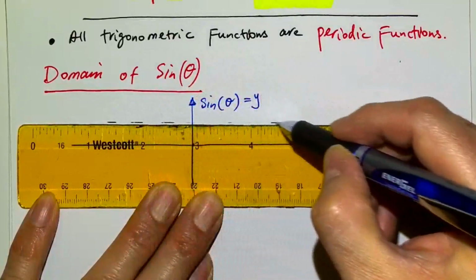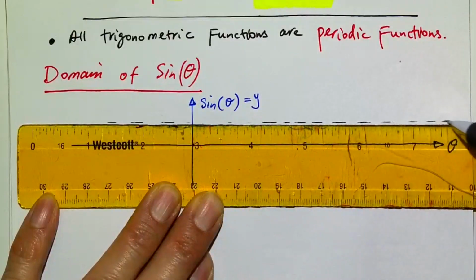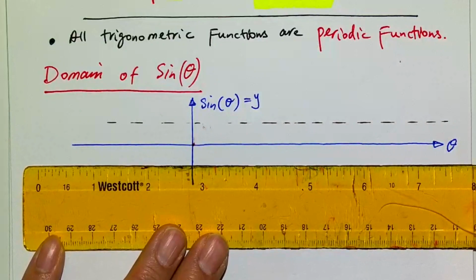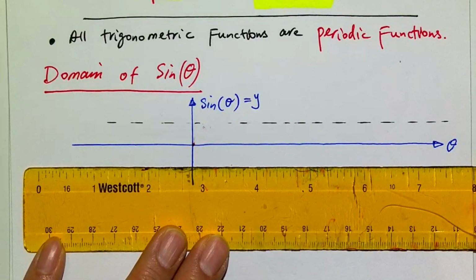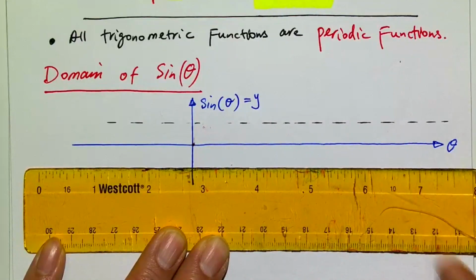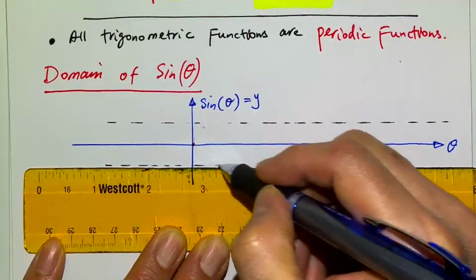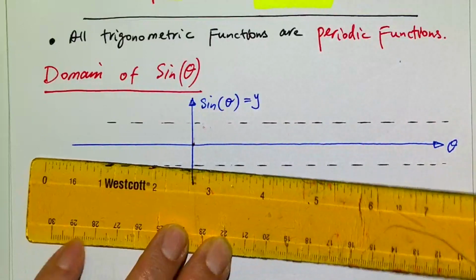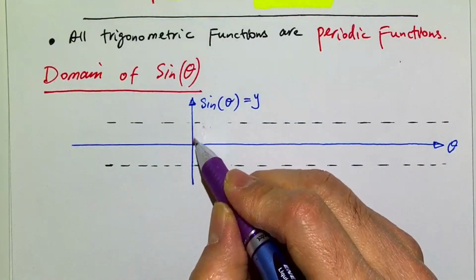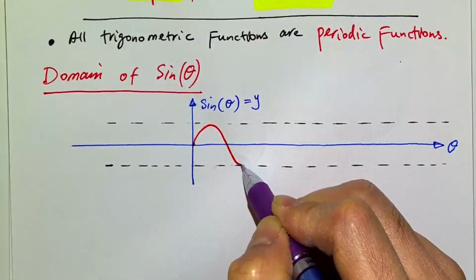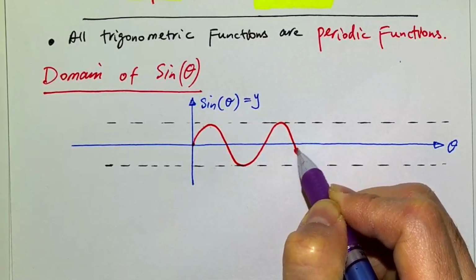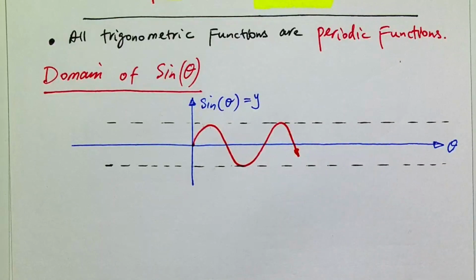And this dashed line, and another one right below the theta, and I want to make sure that these are equally distant from the origin. That's necessary for my graph to look right. So the sine function would look like this. It would go like this, come down here, and then go here, and then continue on. So I'm just going to put an arrow there, meaning that it's going to continue.